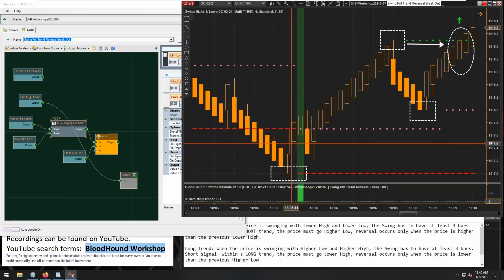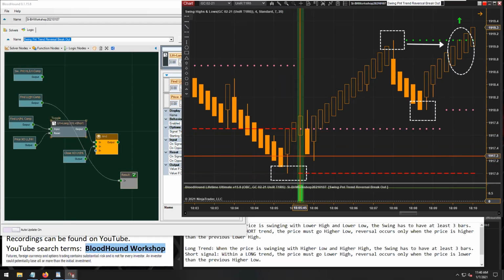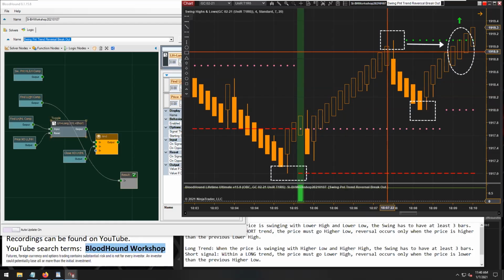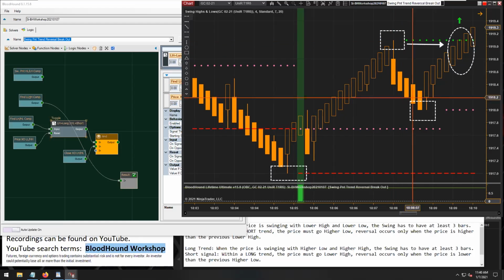So the lower low is the first thing we identify. And then as price keeps moving, we're looking to identify the lower highs and higher lows. Oh man, talking about swing points can be a real tongue twister.